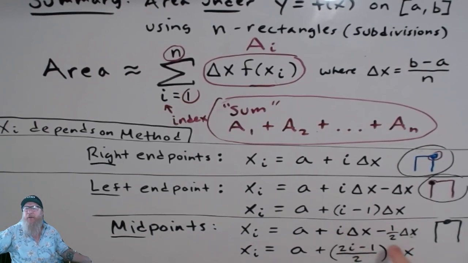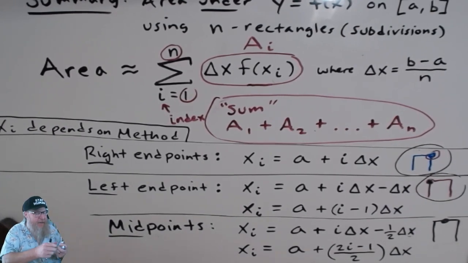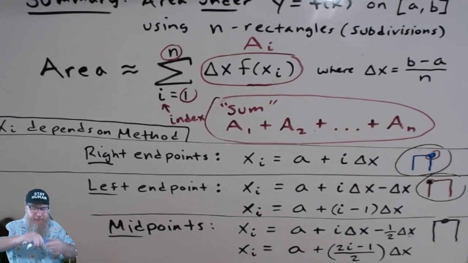You have to multiply the middle term by 2 so that you can combine these terms together. Then you get (2i minus 1) all divided by 2, and then you only have to write the delta x one time. So those are your 3 methods for Riemann sums to approximate the area.